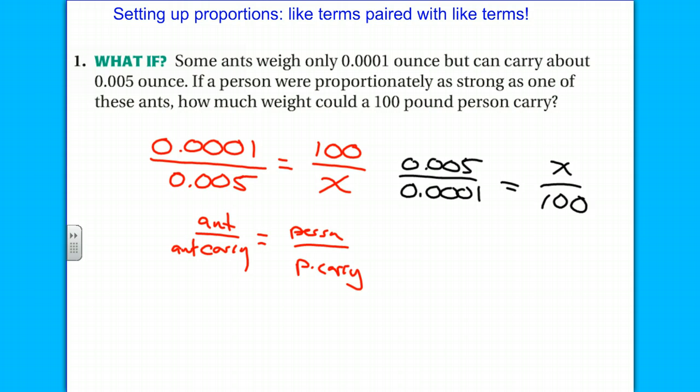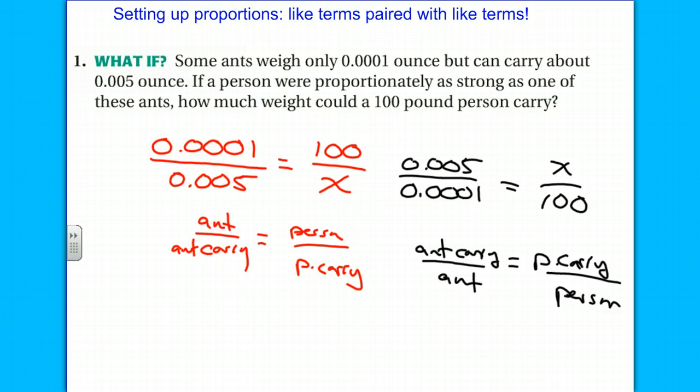This is the same form, do you see that? So instead of having what the ant weighs on top, we moved it to the bottom. What the ant can carry is on top. What the person can carry is on top, and what the person weighs is on the bottom. And these both are great ways to set up this proportion.